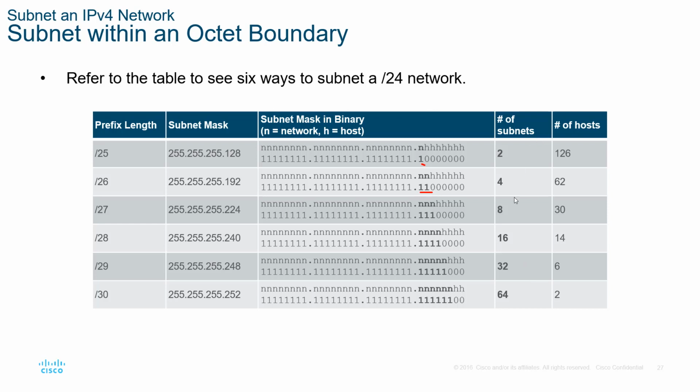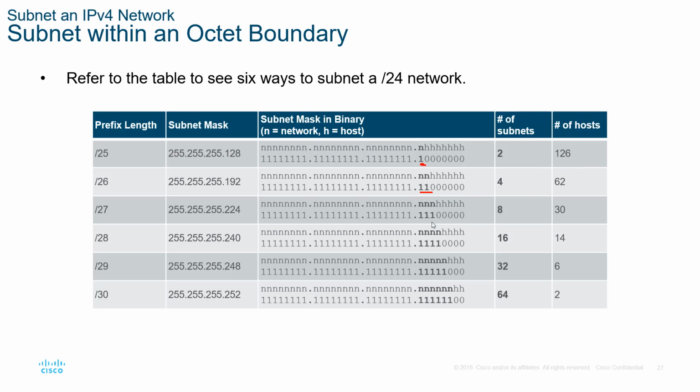How we can quickly get the number of hosts is we can look at where the last one is. That's in the 128 spot. We subtract 2, 1 for the network ID, 1 for the broadcast. That provides us 126 usable addresses. Here, the last one is in the 64 position.